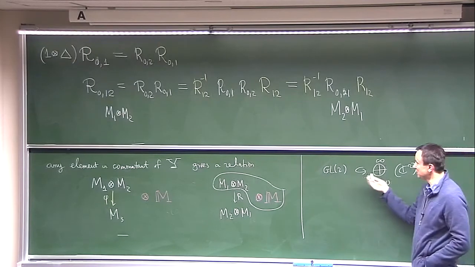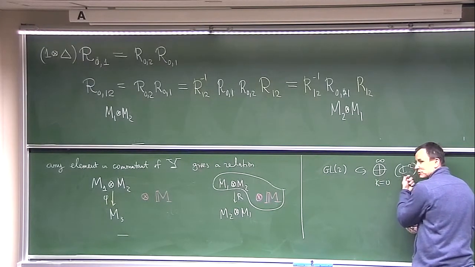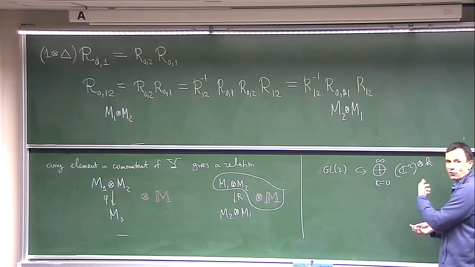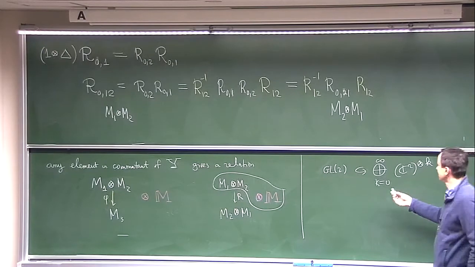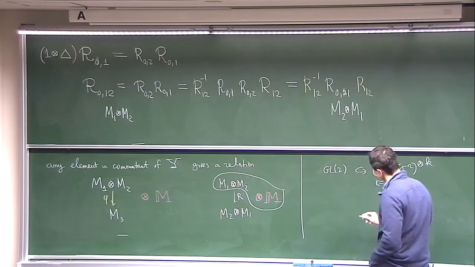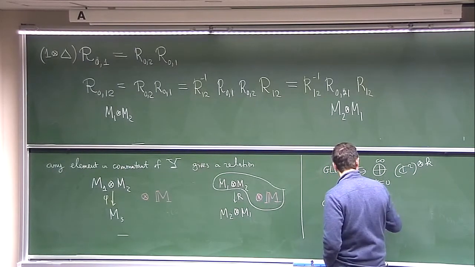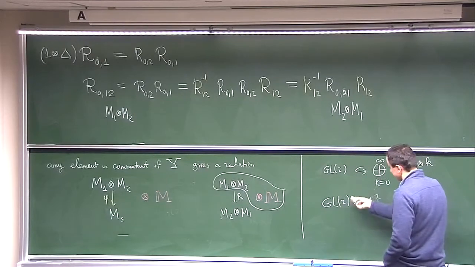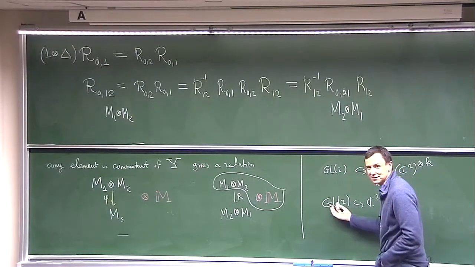This is going to be a not very interesting statement here, which says the matrix elements of this representation are, in fact, all possible polynomial expressions in the matrix coefficients. The action of GL2 just acts on C2, and the matrix coefficients of this defining representation are the coordinates in my group.